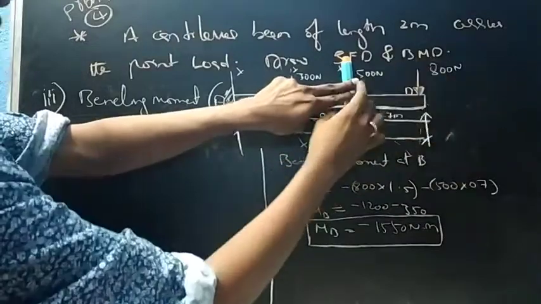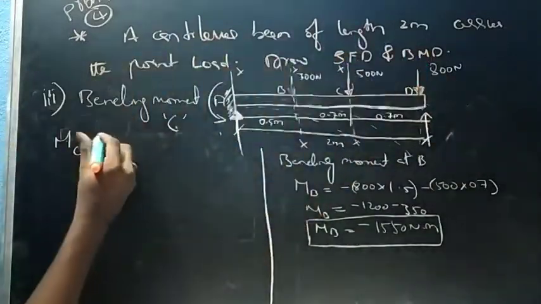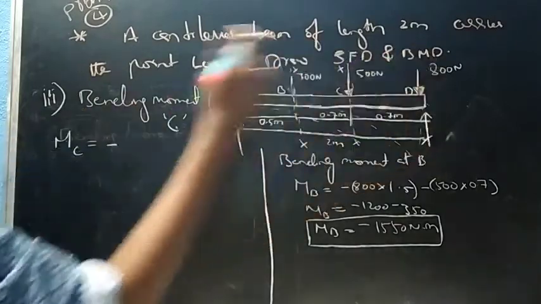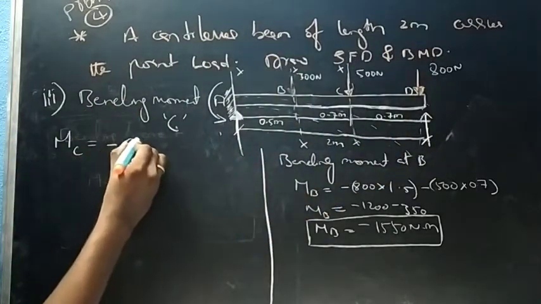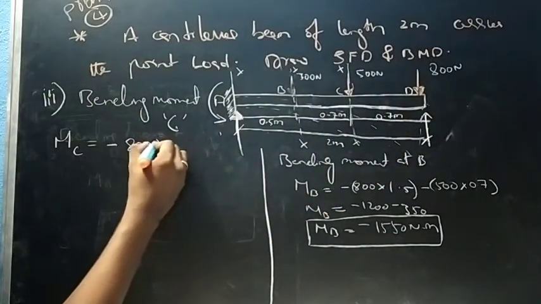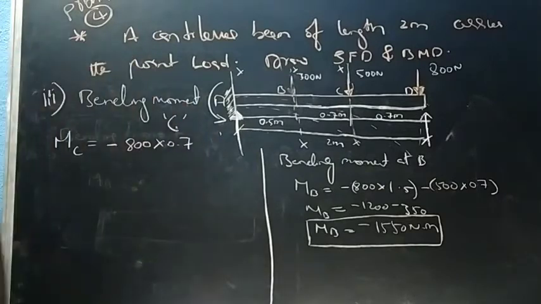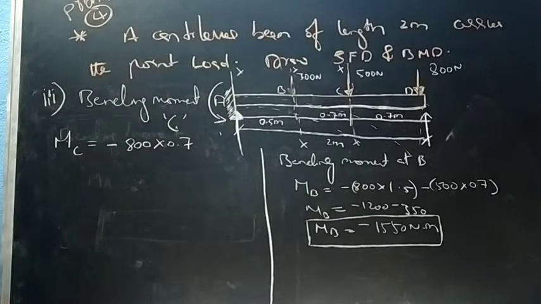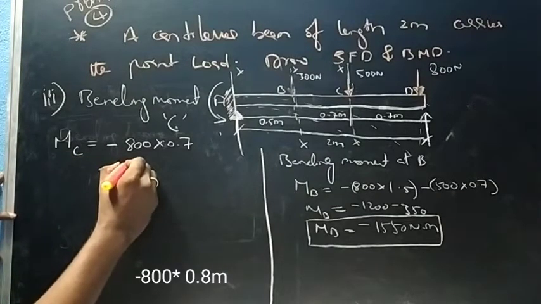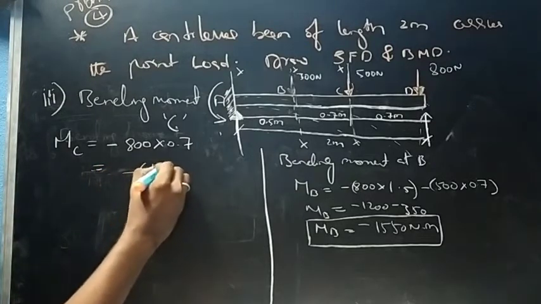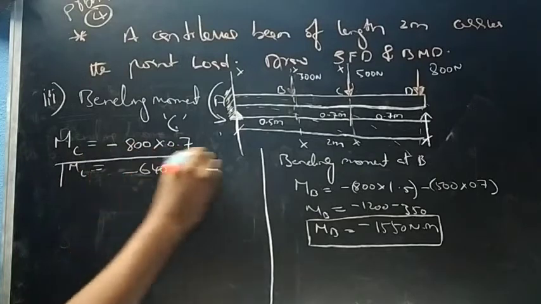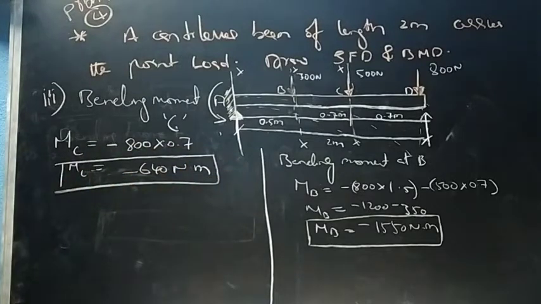The load, that is 800, which is making the beam sagging, that is hogging, minus 800 into 0.7, right? So minus 800 into 0.7. So we got minus 640 Newton meter. So we got MC as minus 240 Newton meter.